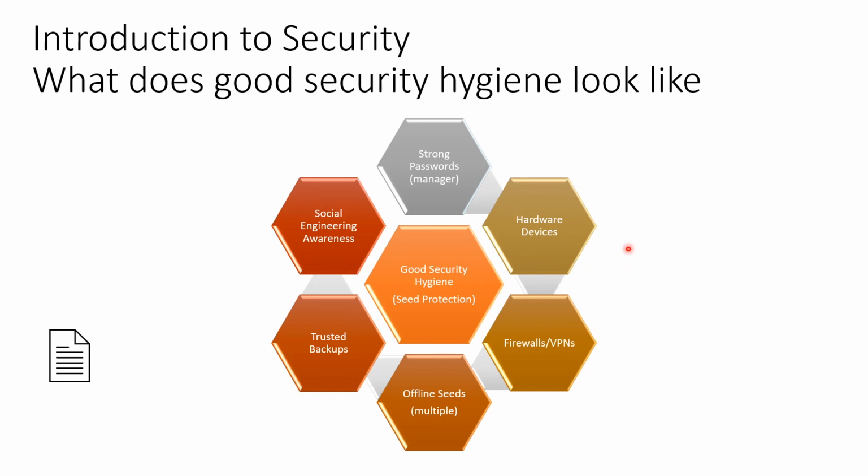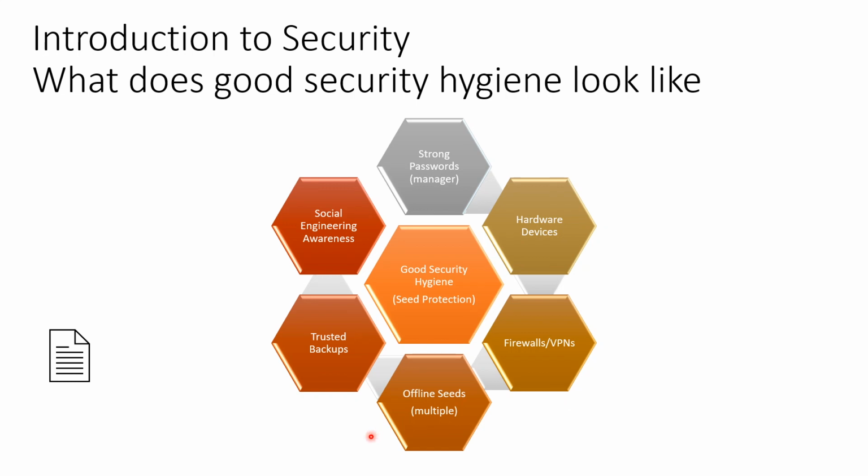Hardware devices, so getting things offline so that if your computer does get compromised, there's less risk of damage. Once again, firewalls and VPNs and antivirus, getting the right environment set up. It's your two-factor authentication and things like that.